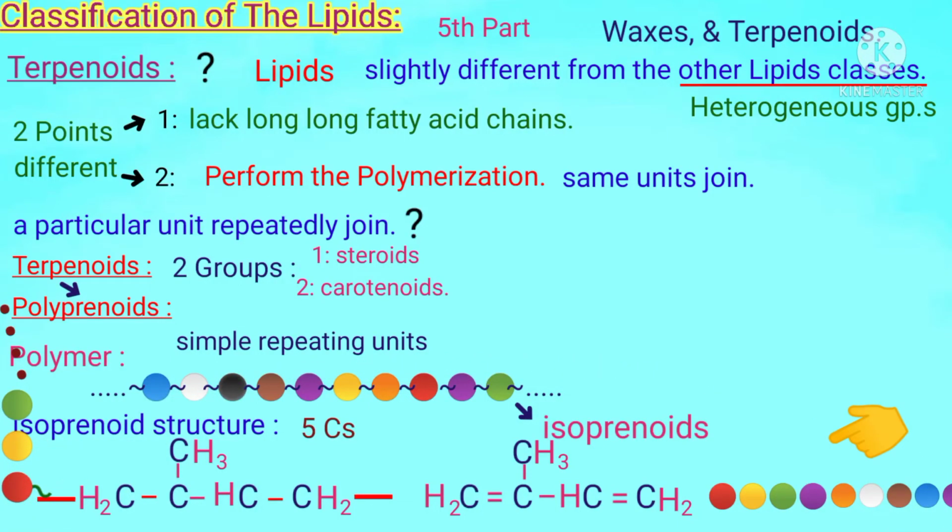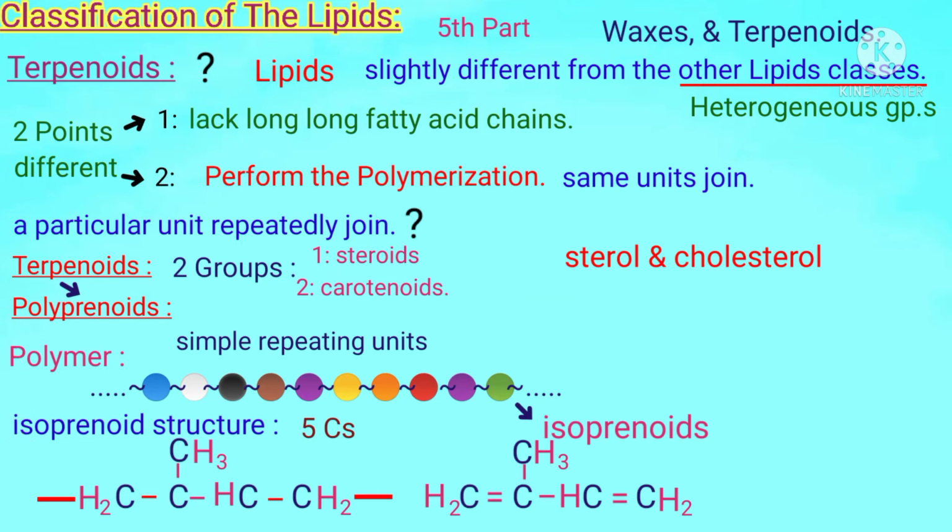Students, these terpenoids are then arranged into cyclic forms that synthesize steroids like sterol and cholesterol as well as carotenoids. So terpenoids are used mostly to prepare different biologically important structures like rubber. Students, from which material will rubber form?